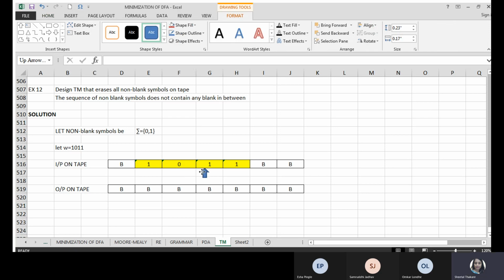Erased, moving to right. Erased, moving to right. Erased, moving to right. When to stop is the criteria here. So as soon as you encounter B, you stop. No action is done regarding the read write head. Take a minute, try to draw this. Mics are provided. If you have any doubt, you should ask.